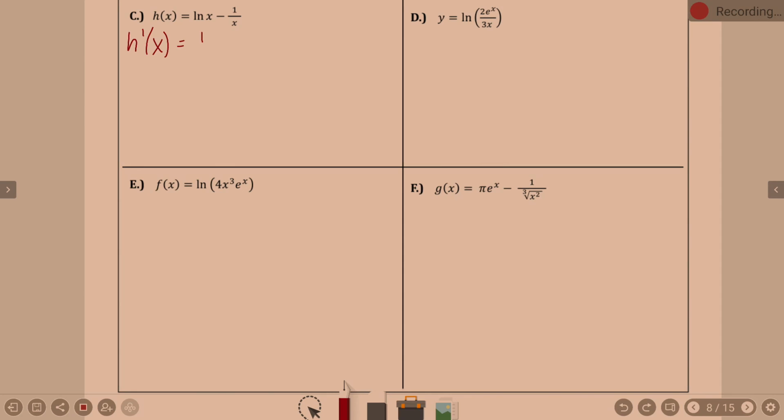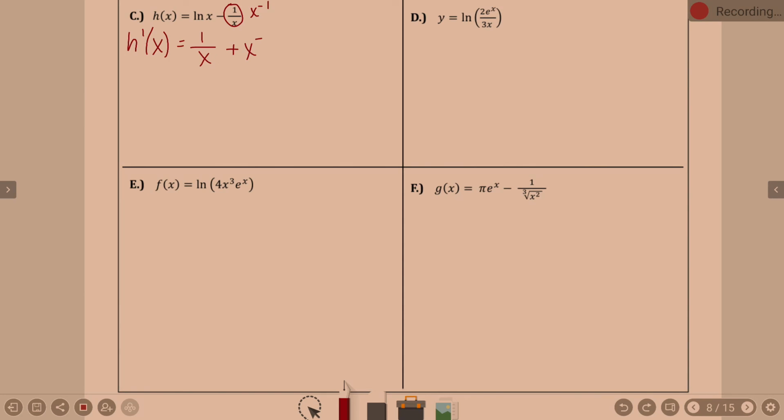What about 1 over x? Think of this as x to the negative 1.